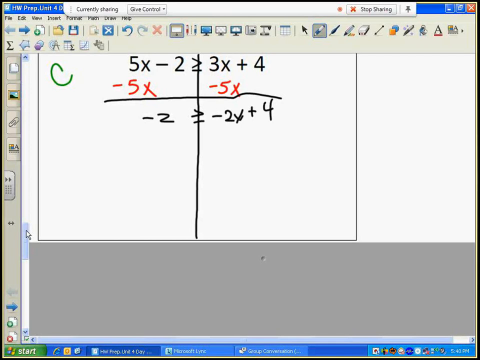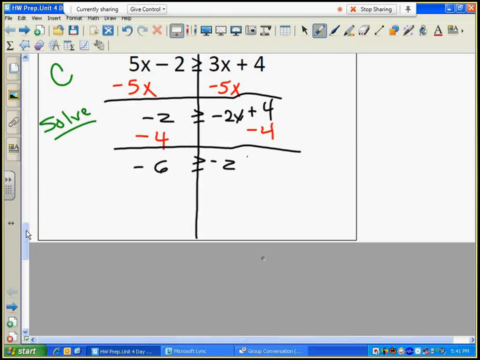Okay? Well, now it's time to solve. Okay. Right here in this process, I've got to divide away a negative 2.